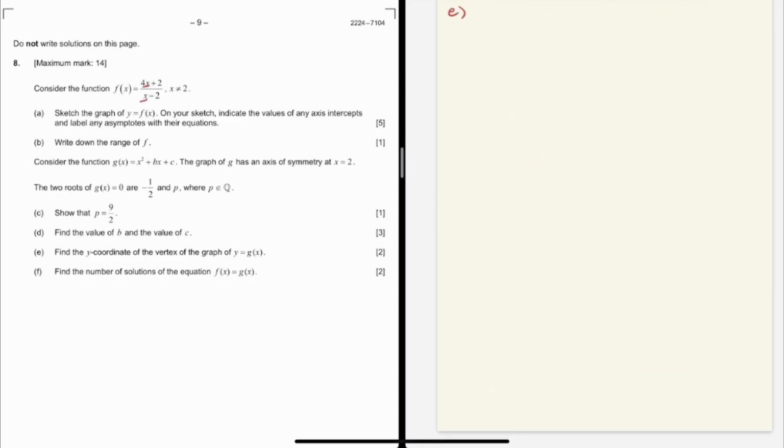Moving on to E. So the vertex is at the axis of symmetry, and so that means that we find what y is when x equals 2. And so, of course, we just sub it into the function where g of 2 is equal to 2 squared minus 4 times 2 minus 9/4, and that is equal to 4 minus 8 minus 9/4.